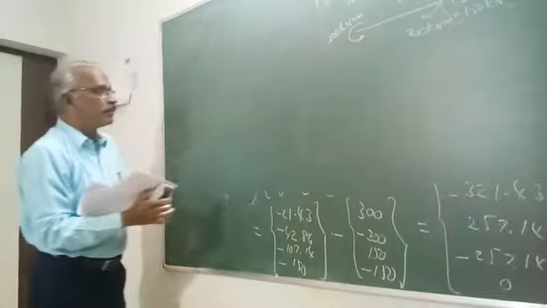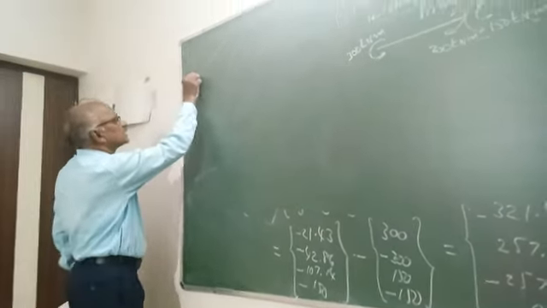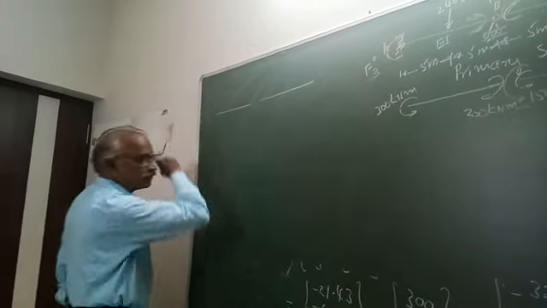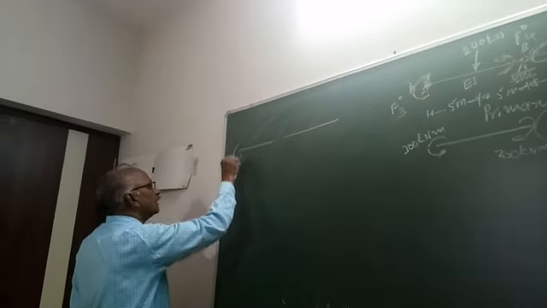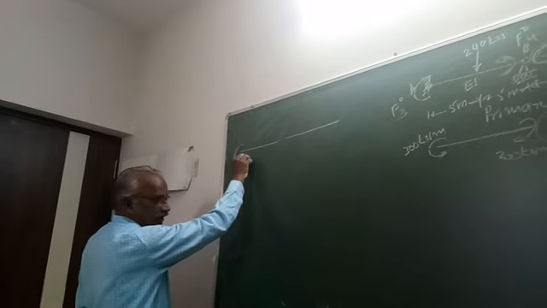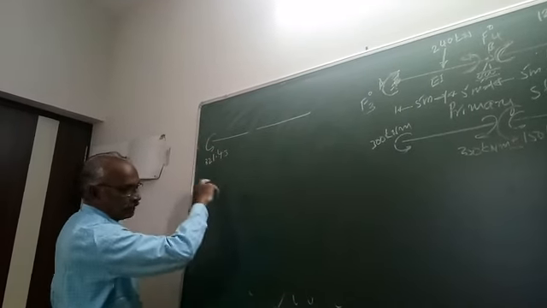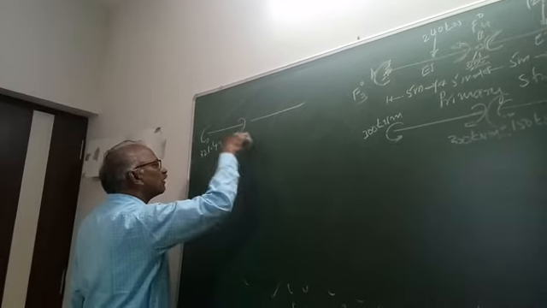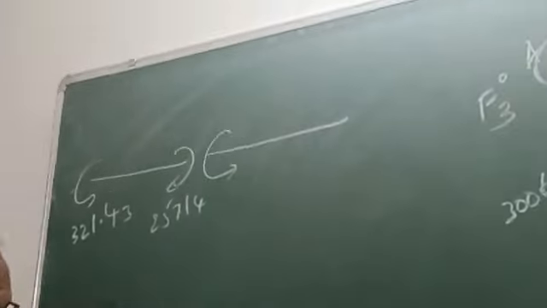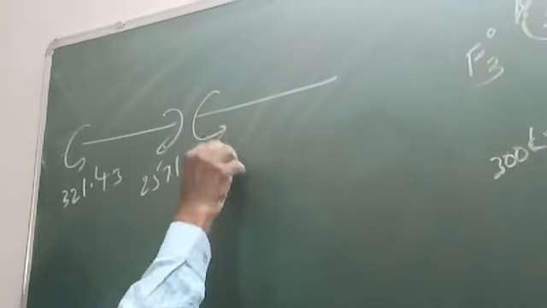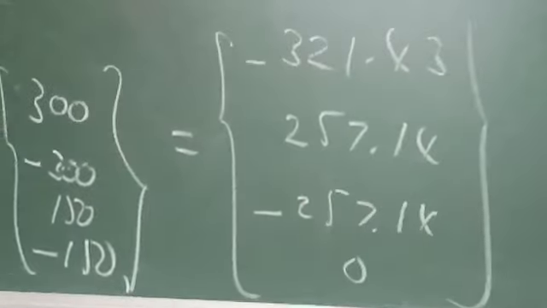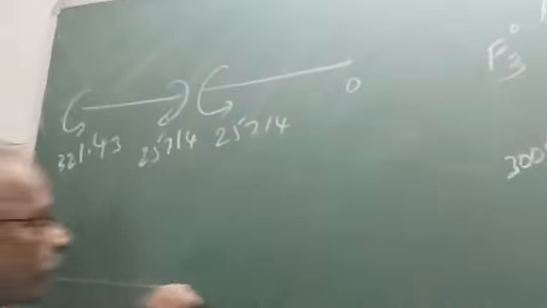To draw the bending moment diagram, this is AB, this is BC. The final moment here is minus, therefore anti-clockwise 321.43, this is clockwise 257.14, this is the third one, minus 257.14, and here it is 0. So this is the beam.